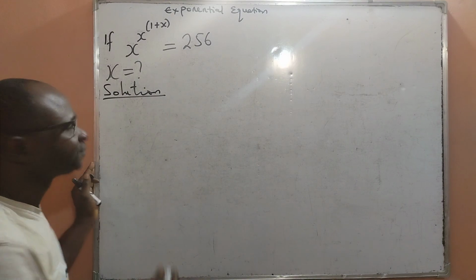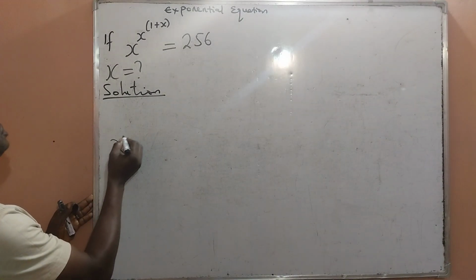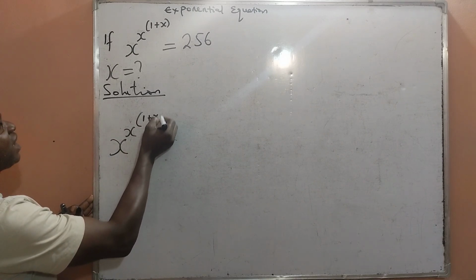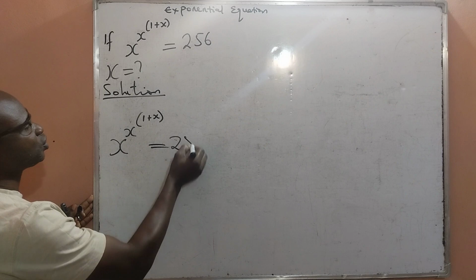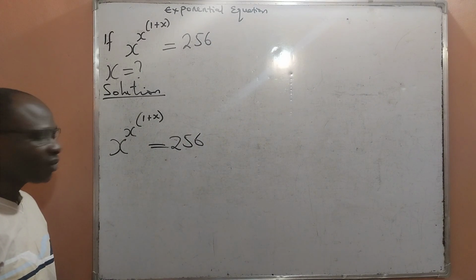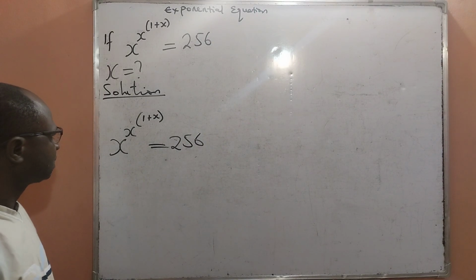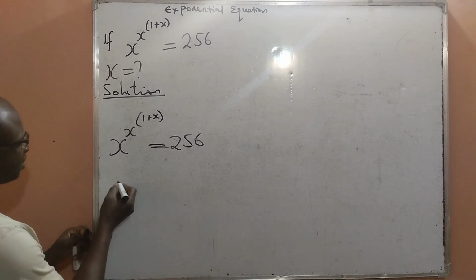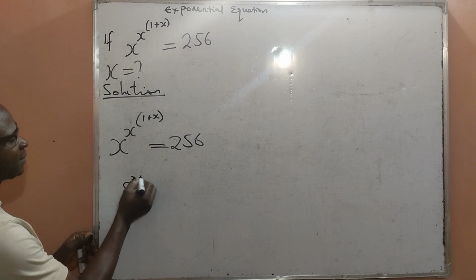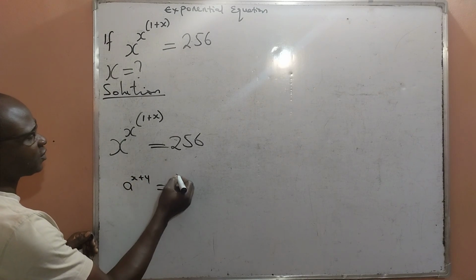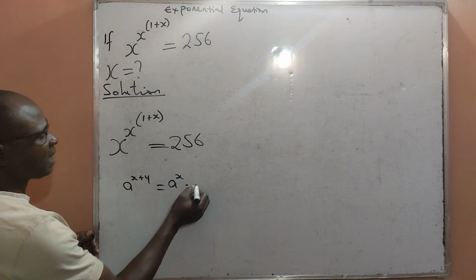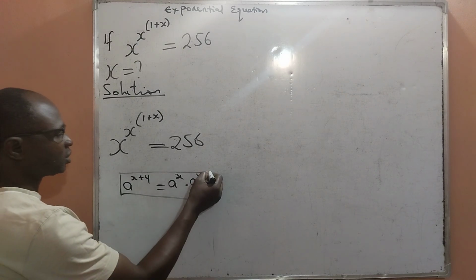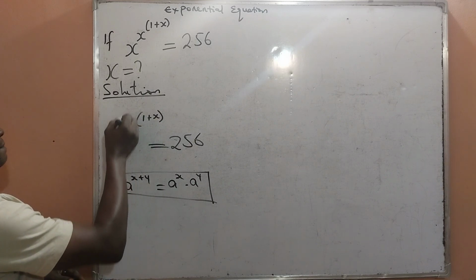Alright, we solve x to the power of x to the power of 1 plus x, which is given to be equal to 256. First and foremost, I will apply the law of indices that says if I have a raised to the power x plus y, it is equal to a raised to the power x multiplied by a raised to the power y. I am going to apply this law at this part.